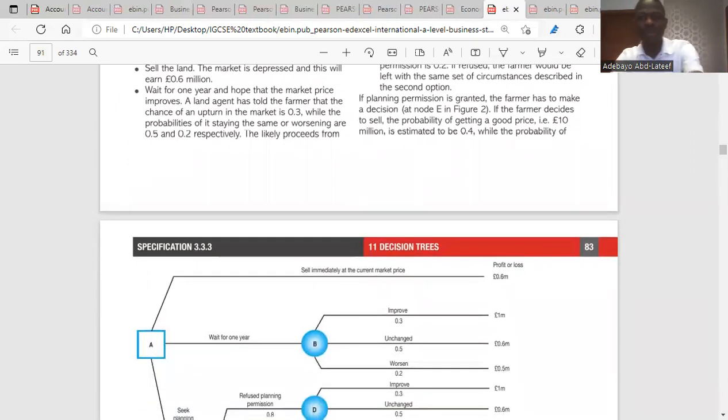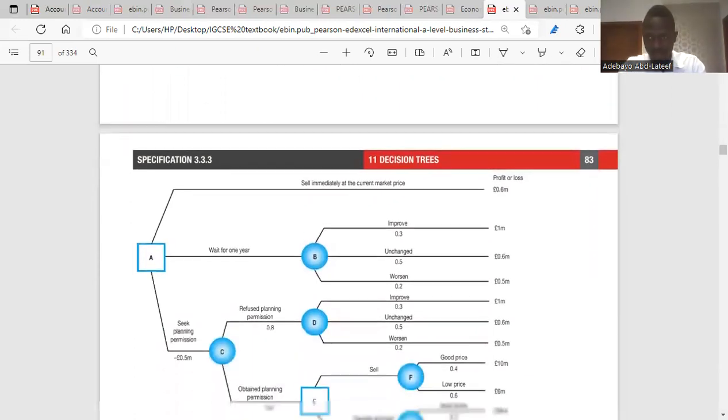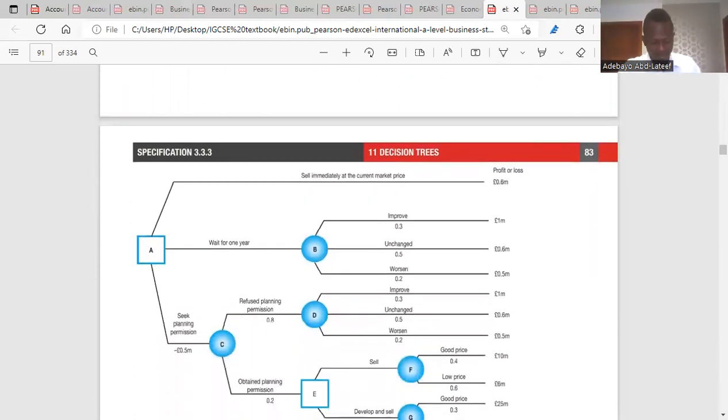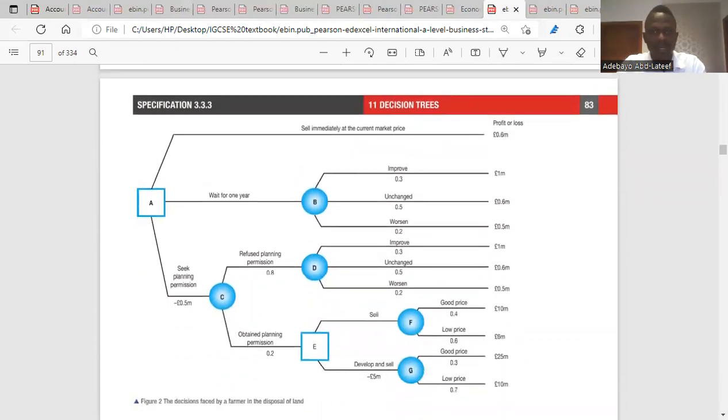Now we have the decision tree at the bottom, page 83. Please look at them. So this is the analysis. I wrote the analysis already. Here they said to sell immediately. We have the first node where a decision is being taken. That's the first node A. So a decision has to be taken there.